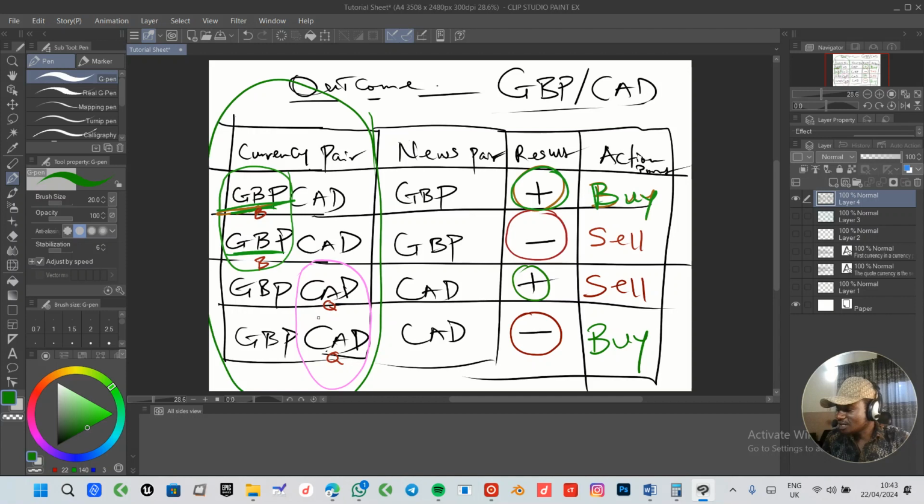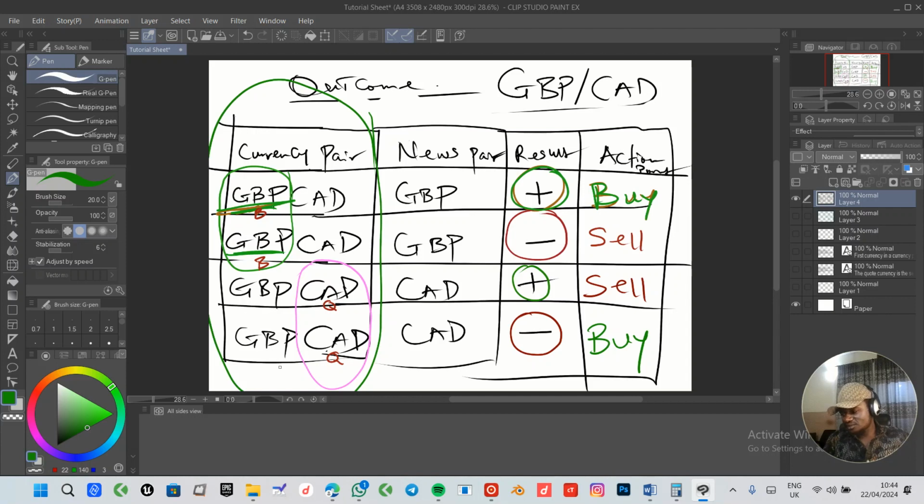You are trading Canadian dollar. If the news is on CAD, and CAD is weak, what should you be doing? You should be buying, because this is weak and GBP is dominating at this time. Whereas if it's strong here, it means it's stronger than your base currency.